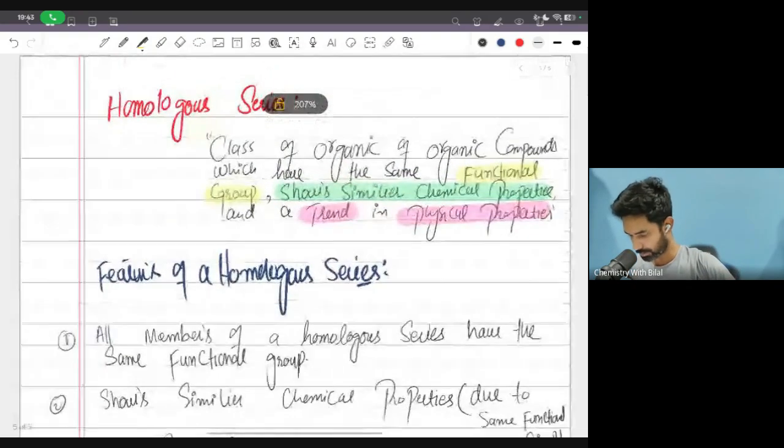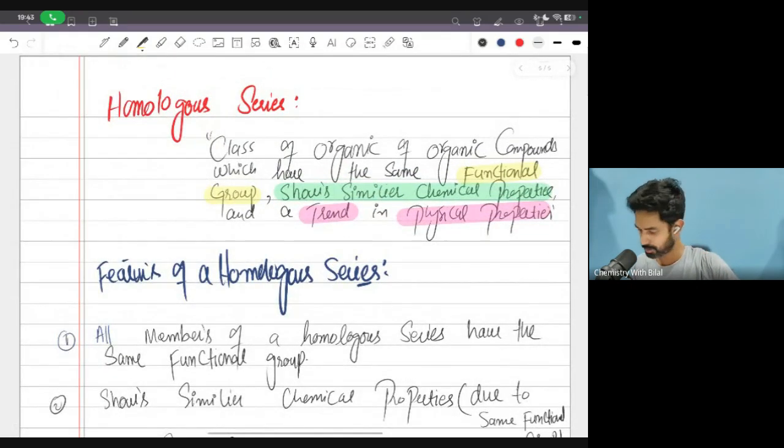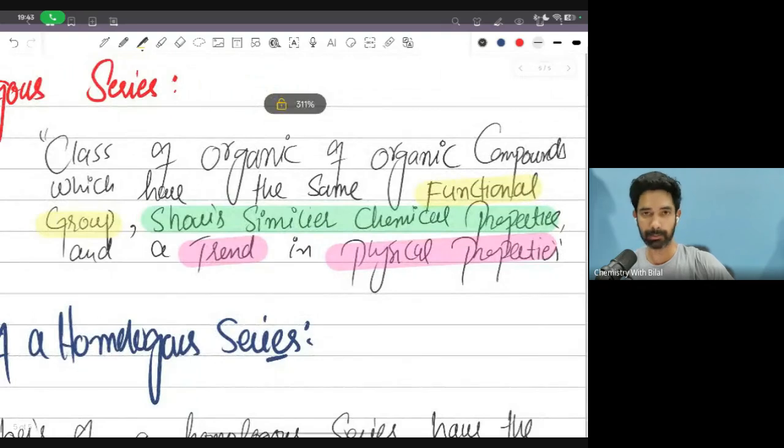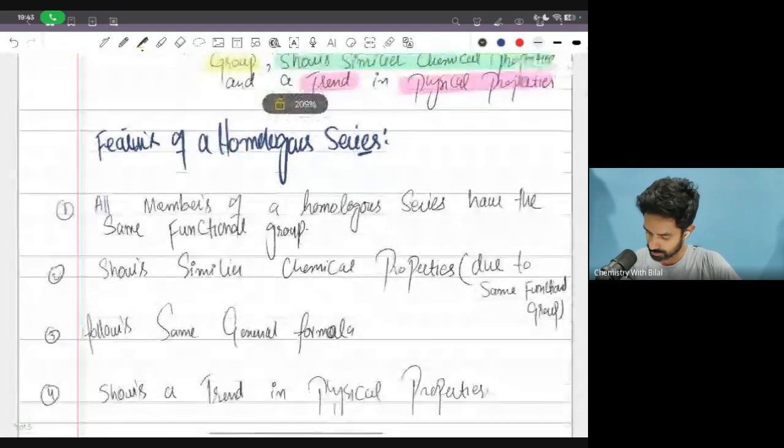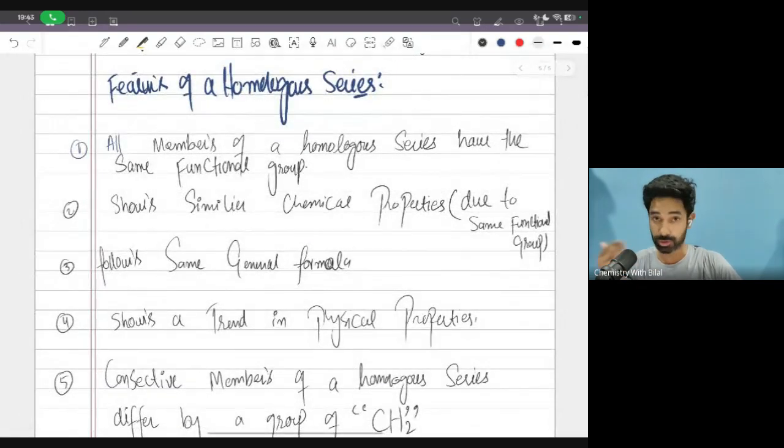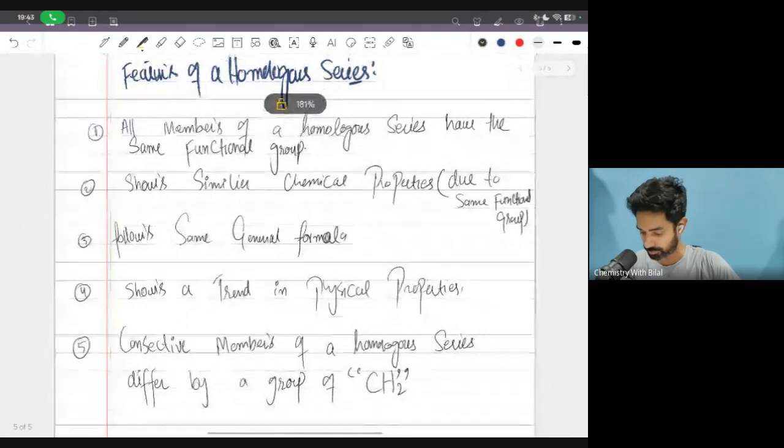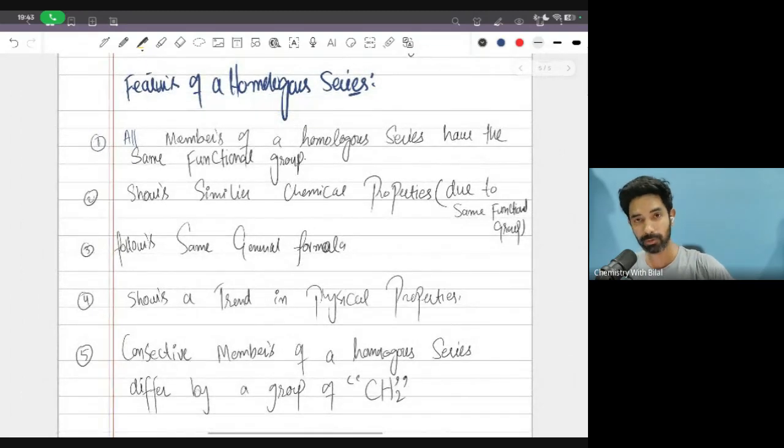So let's review what exactly this homologous series is. It's a class of organic compounds that have the same functional group, show similar chemical properties and a trend in physical properties. What are some of the features? Usually वो 2 पूछता है, लेकिन कोई से भी 2 पूछ सकता है. So we need to learn all of these features. All members of homologous series have the same functional group.